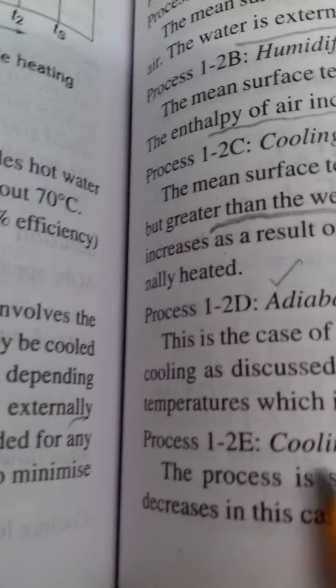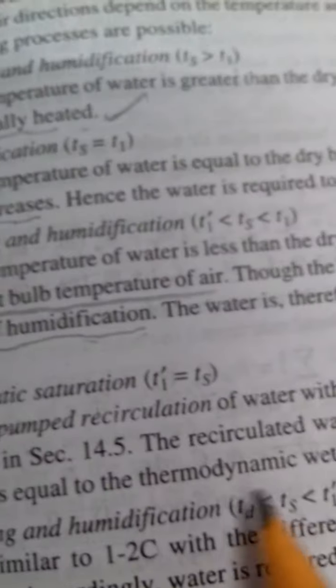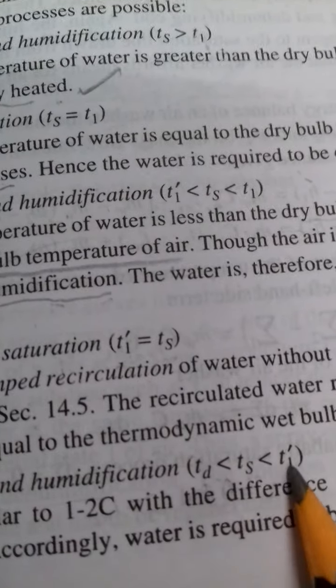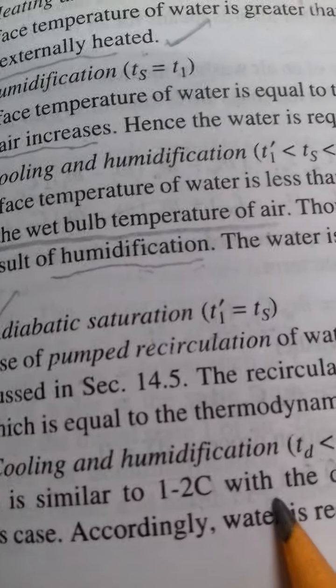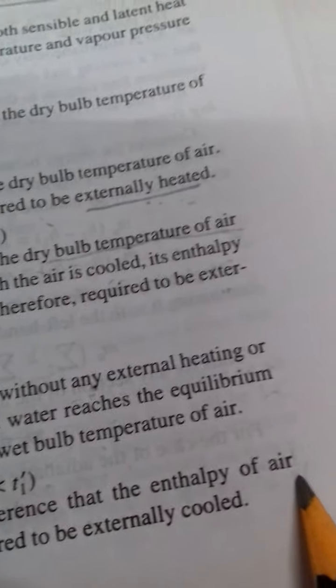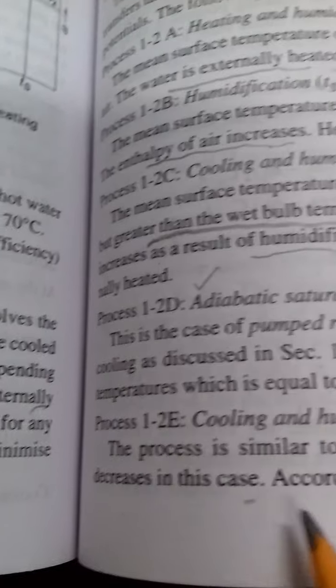Now process 1 to 2E, cooling and humidification. Tt is greater than Ts. Tt is less than Ts is less than T1s. In that case, the process is similar to 1 to 2C, with the difference that the enthalpy of air decreases in this case.